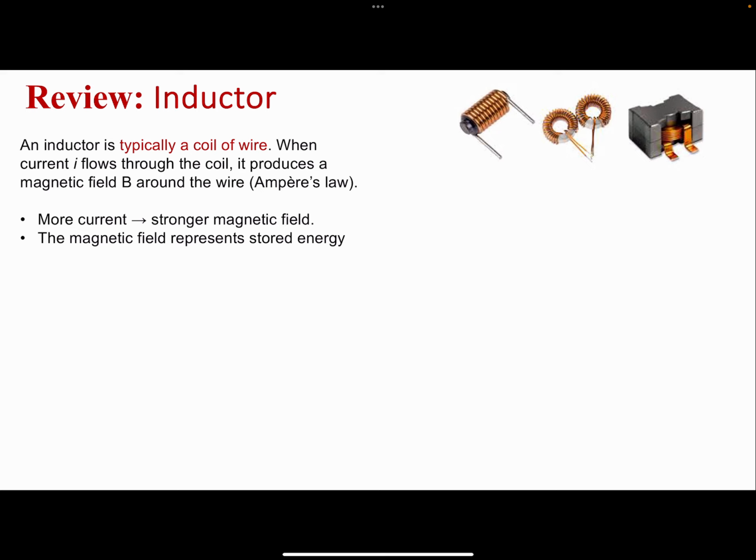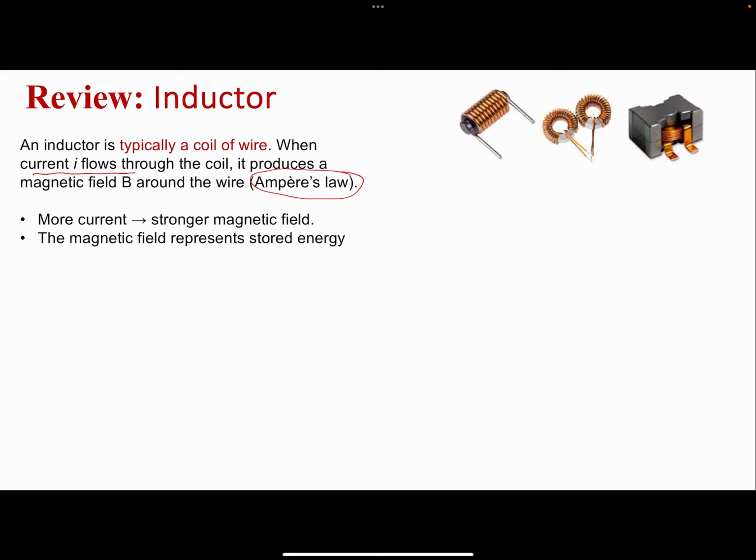And when you flow current through that coil of wire, it is going to produce a magnetic field, which is essentially Ampere's law. So if you provide more current, you get a stronger magnetic field, and the energy stored in the magnetic field is higher, right?